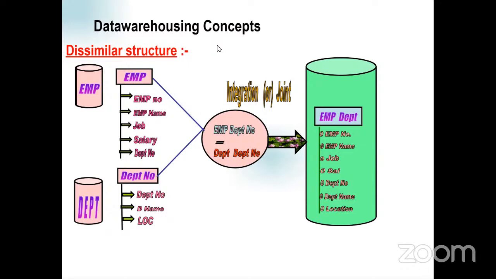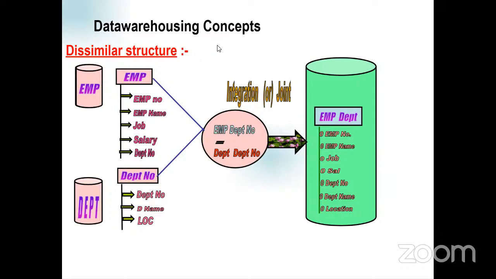The columns are different, so I need to perform a join, but what is the criteria required? At least one common column name should be synced, with column name and data type matching in each table. Here the common column is department number. This is just a basic example of a dissimilar structure.